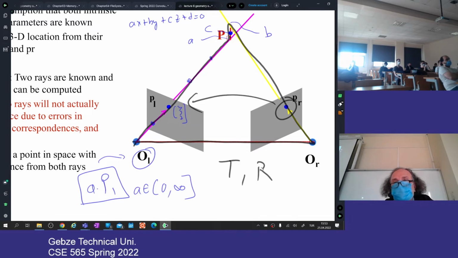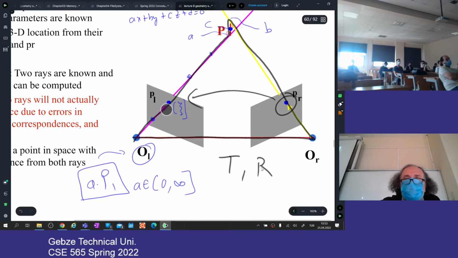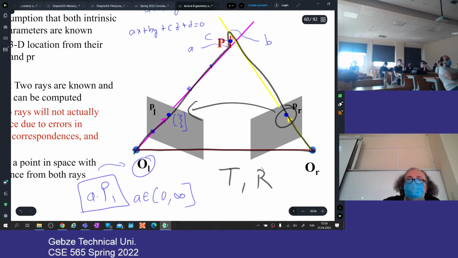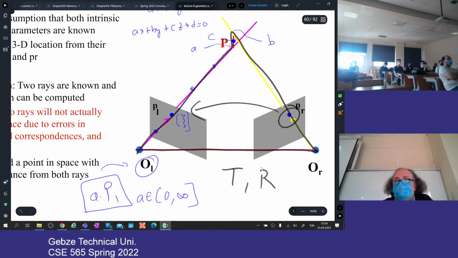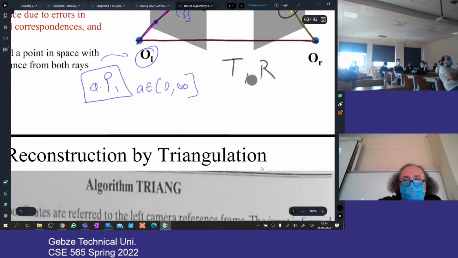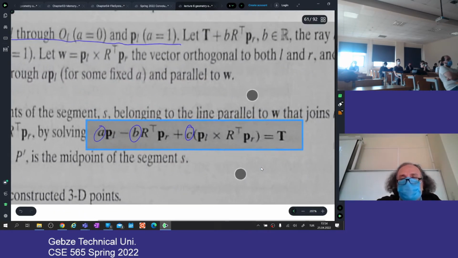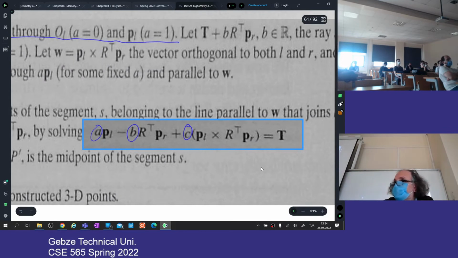I am trying to intersect these two red and yellow lines. They don't intersect, and I wrote this equation. It looks like I have a single equation, but three unknowns. How am I going to solve this problem?